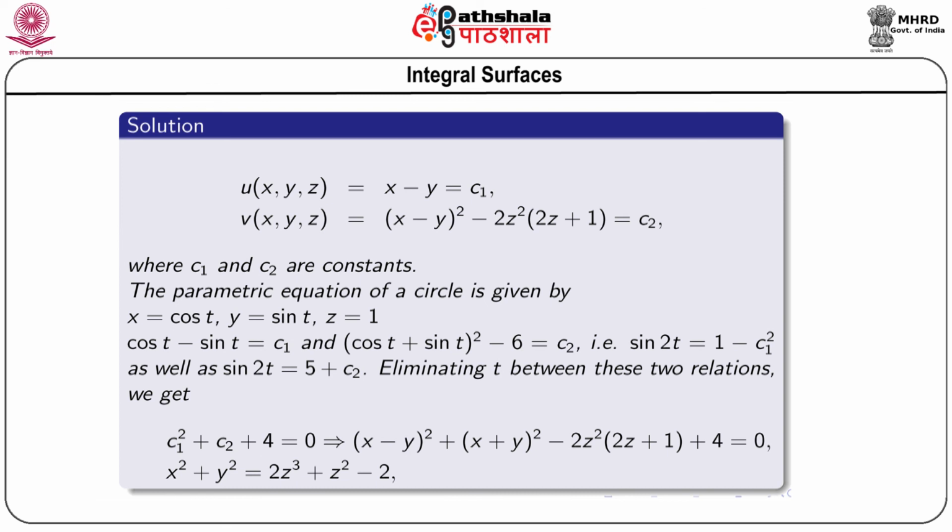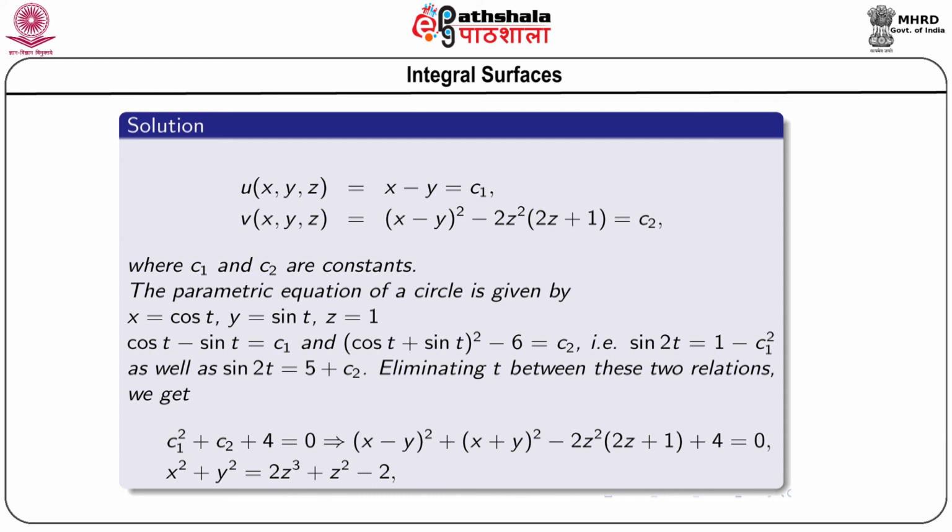If we substitute x, y, z into u = c1, we obtain cos t − sin t = c1, and if we substitute into the second integral v = c2, we obtain (cos t + sin t)² − 6 = c2. From these two equations, if we manipulate, one can obtain the value of sin 2t as 1 − c1², and from the second equation the value of sin 2t as 5 + c2.